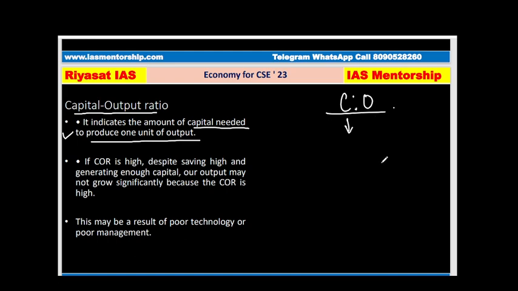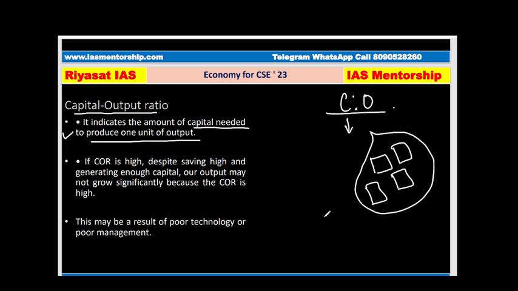For example, if I need to produce this package of goods, I need to deliver it. So how much money will I be spending for that? I need to buy boxes worth 100 rupees.